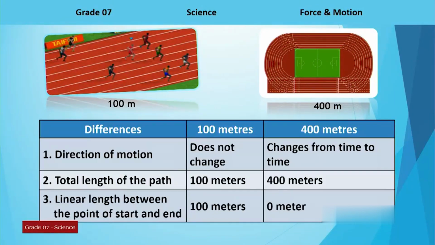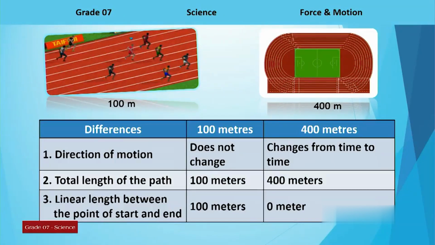So, that is about the direction. When we think about the total length of the path in 100 meter race, the total length is 100 meters. But when we think about 400 meter running events, the total length of the track is 400 meters.